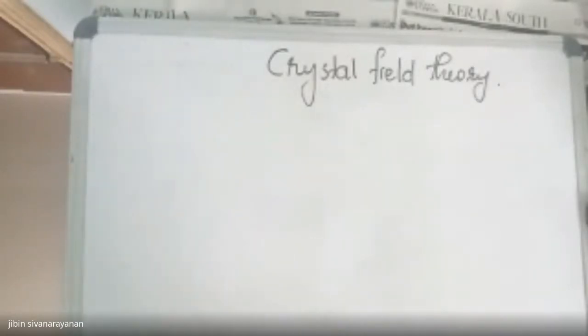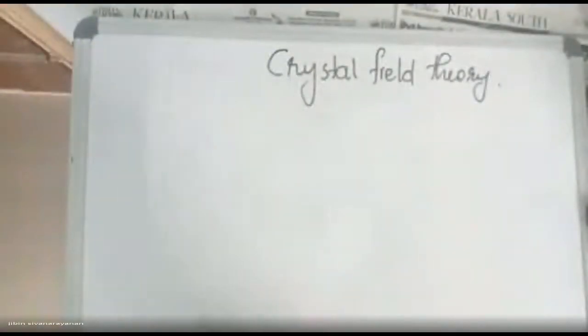What are the consequences that differentiate tetrahedral from square planar? For the same metal, only the difference in the ligands will differentiate it from tetrahedral to square planar. Why does all this happen? That is clearly explained by crystal field theory.